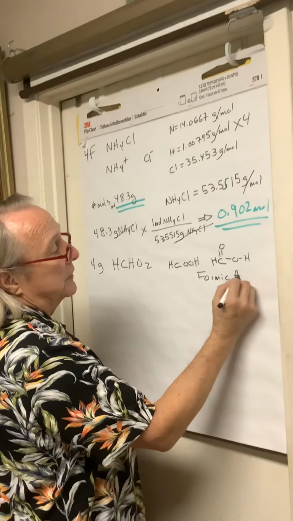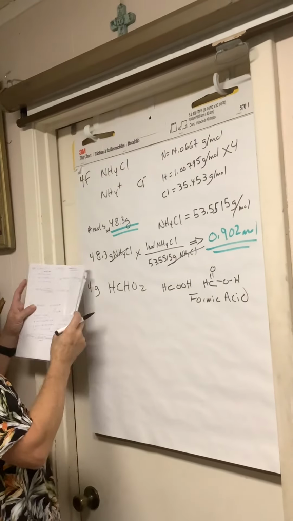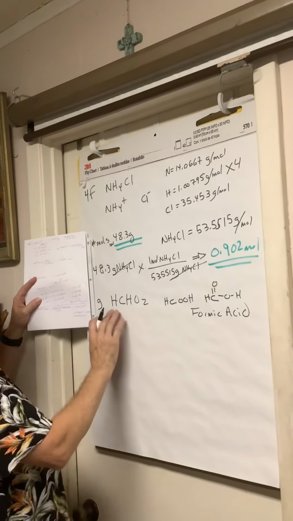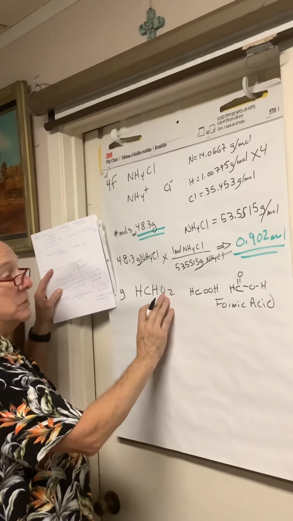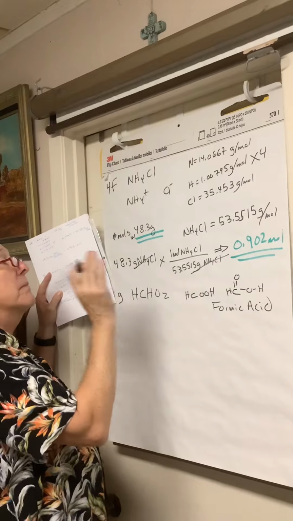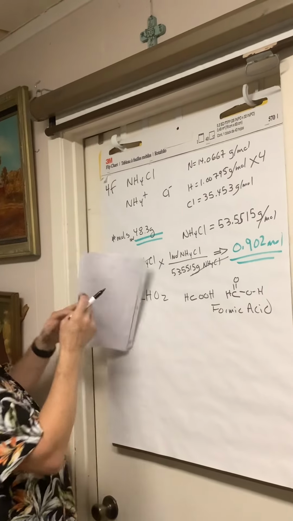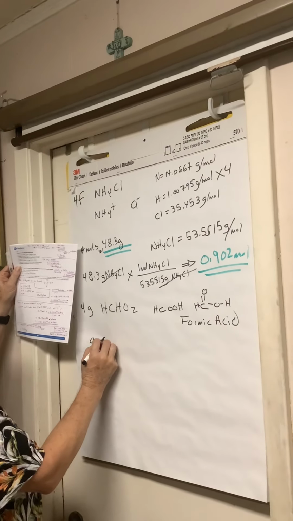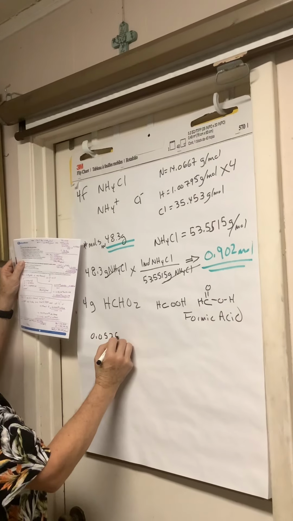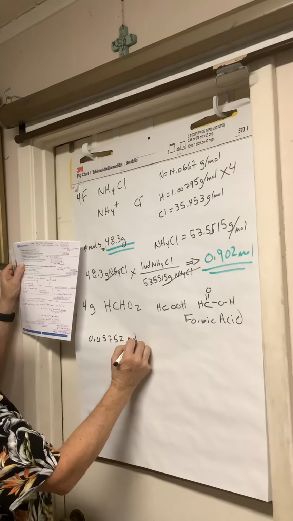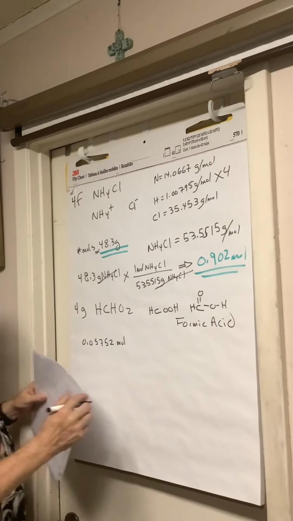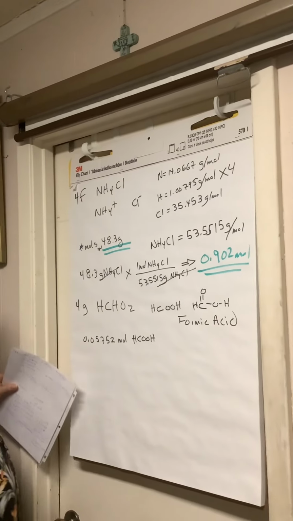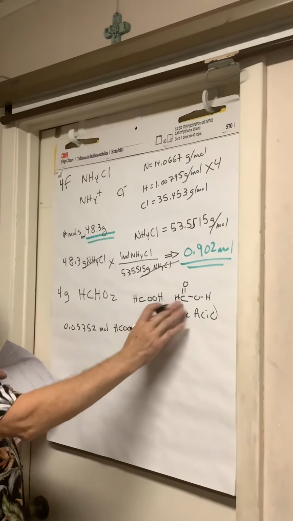I've never seen it written this way, but chemists just put things down. And it doesn't matter. Hydrogen's 1, carbon's 12, oxygen's 16, but we don't need that, because the question asks number of molecules in 0.05752, someone measured this very accurately, moles of formic acid, HCOOH. That gives me a better idea of its structure.